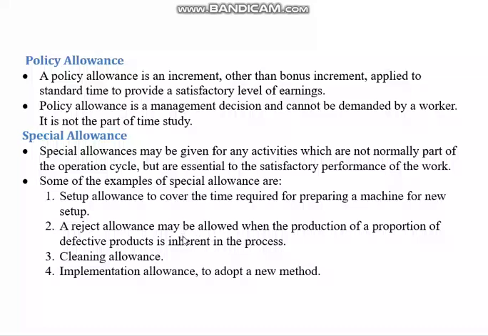It is not the fault of the worker because of which the rejections are coming and he is losing time, but it is because of some problem which is already inbuilt in the process itself.